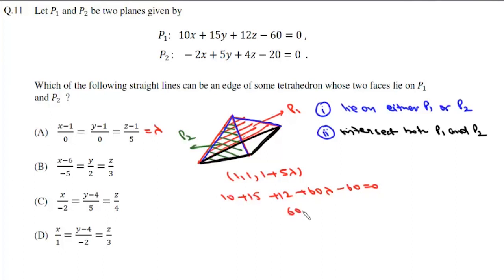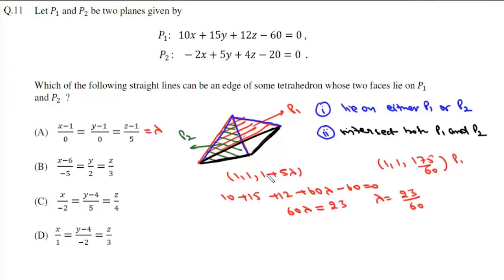So 60 lambda equals 23. Value of lambda is 23/60. So this point will be 1, 1 and 175 by 60 on this plane P1.